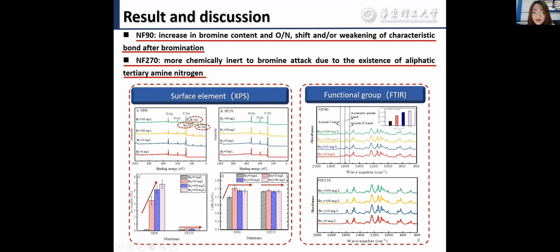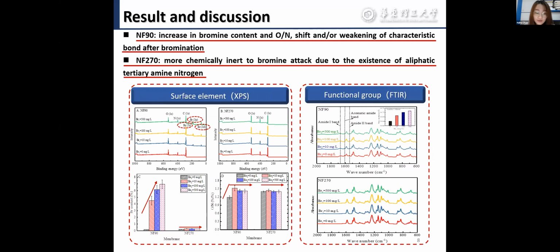And the FTIR results show that the peak of the amide I band shifted to a higher wavenumber after exposure to bromine. The breakage of hydrogen bonds between carbonyl and amino groups and the addition of carboxylic group formation may contribute to this shift.